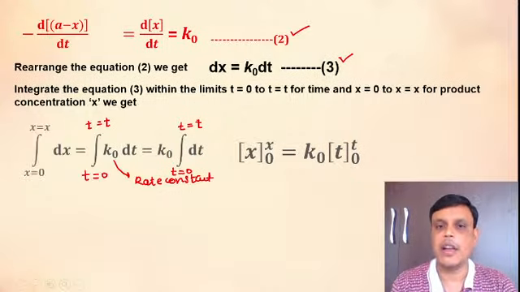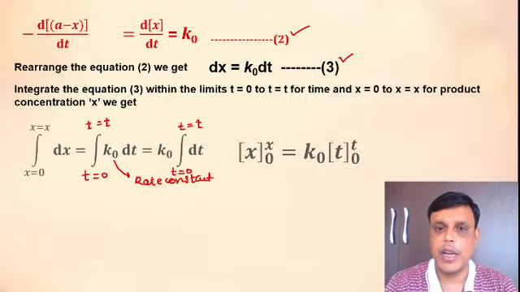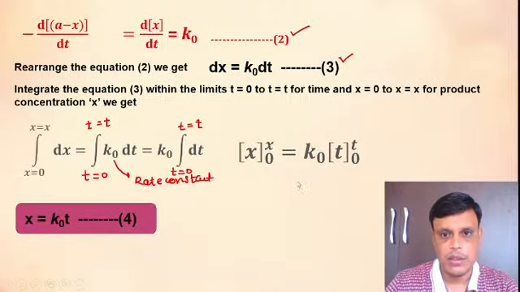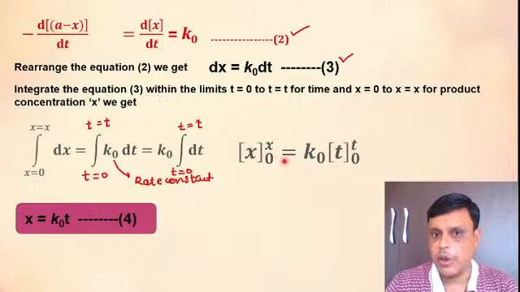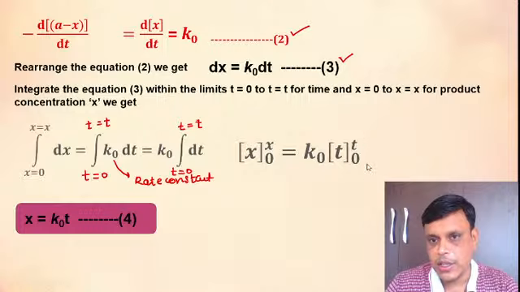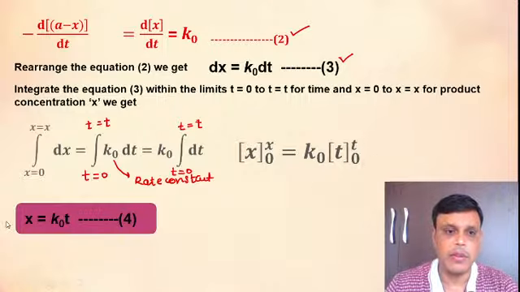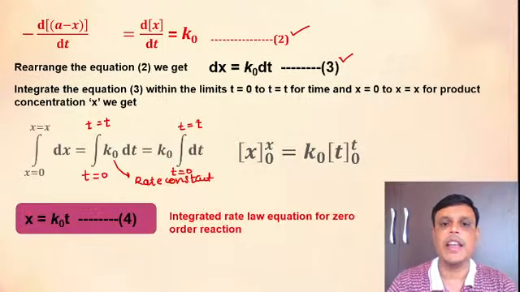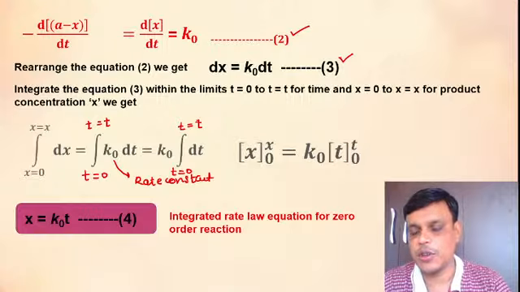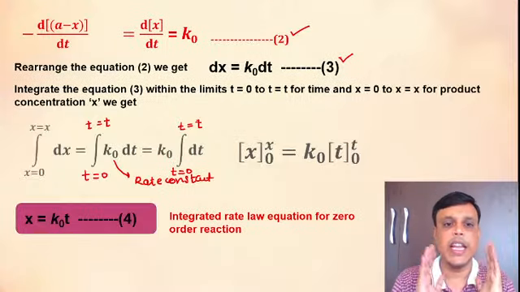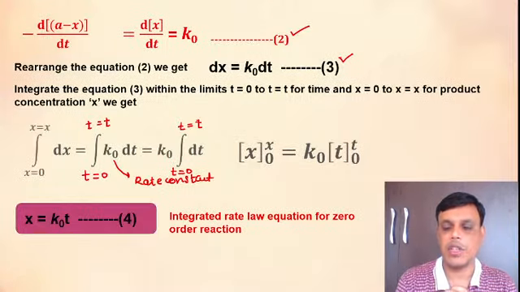By subtracting the lower limit from the upper limit, x minus 0 will be x, and t minus 0 will be t, so x is equal to K0 t. Call this equation number 4, and this is our integrated rate law equation for zero order reactions.